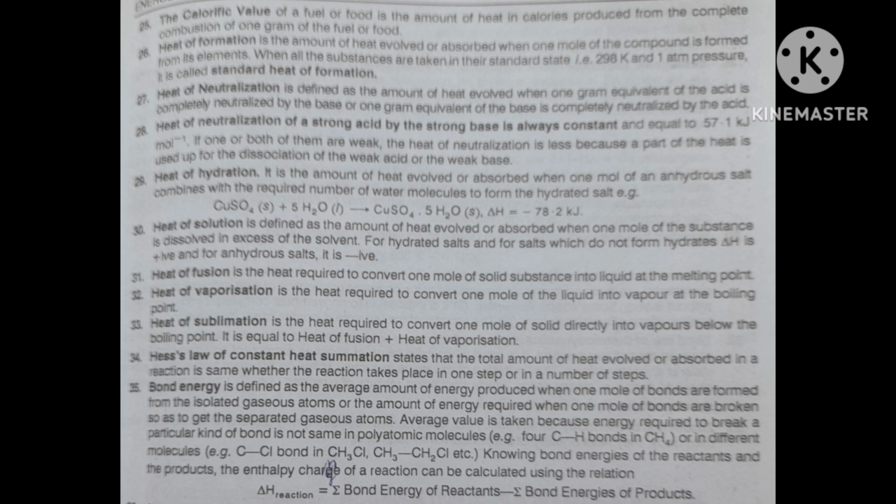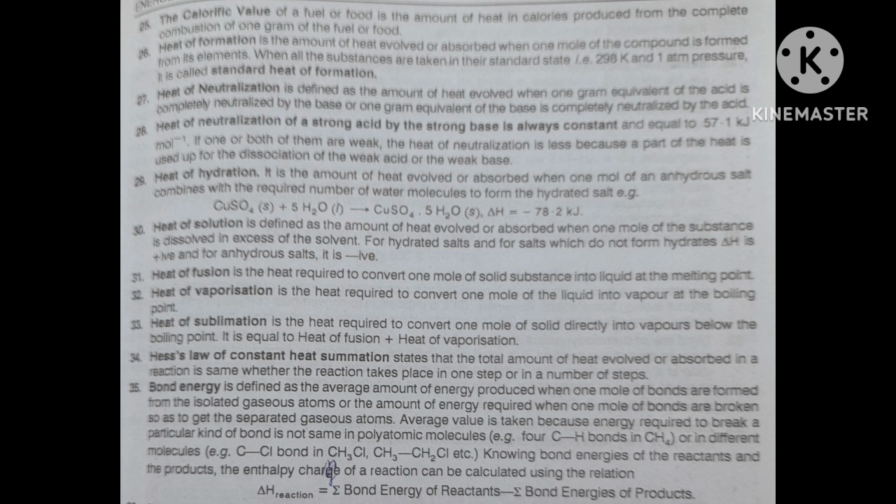This formula you should remember because it is used while solving the numericals. Delta H reaction is equal to summation of bond energy of reactants minus bond energies of products.